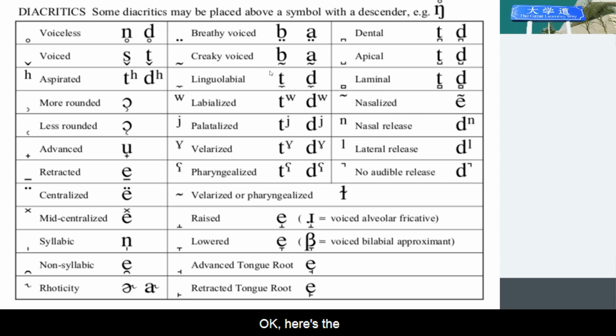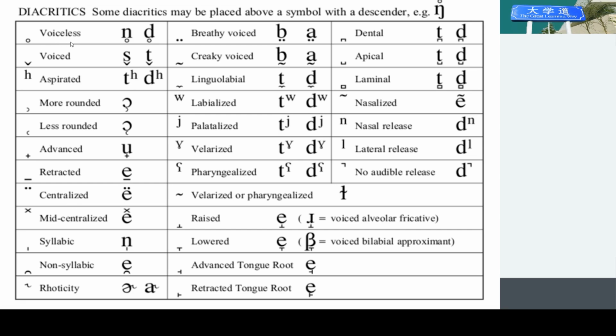Here's the last chart, which shows the additional signs to make a difference of sounds, which is the diacritic. Some diacritics may be placed above a symbol with a descender, or most of them are used below or beside. I'll give some examples here.